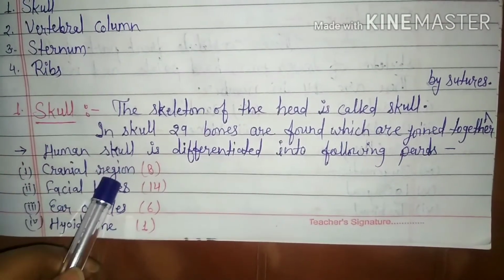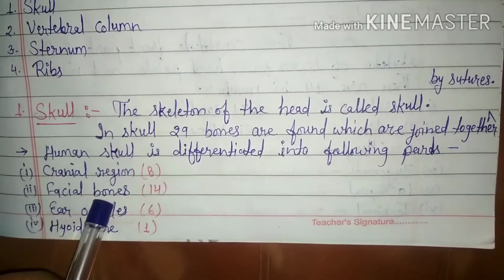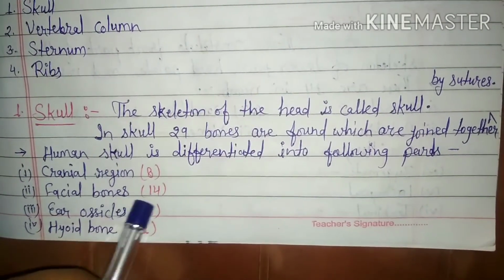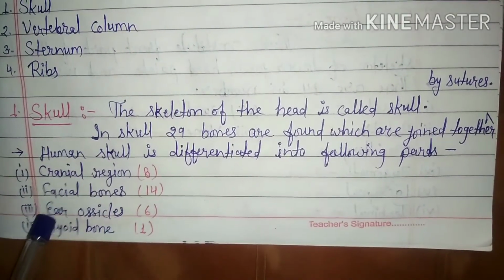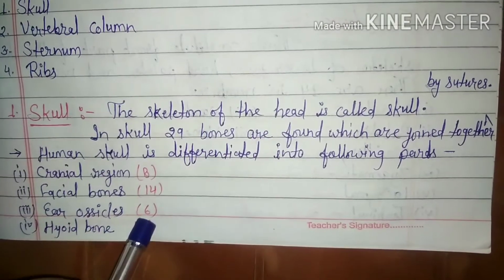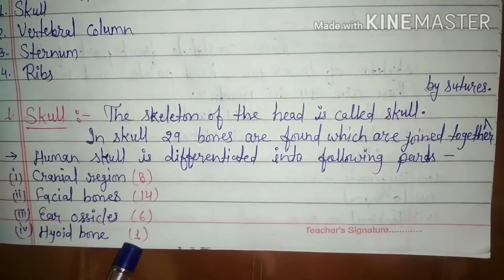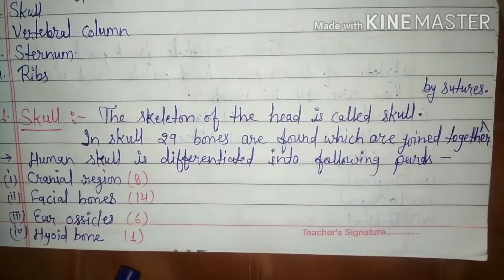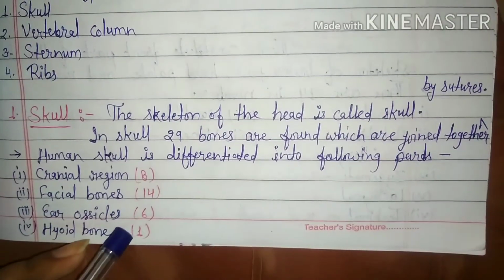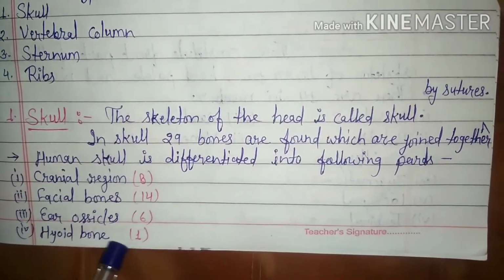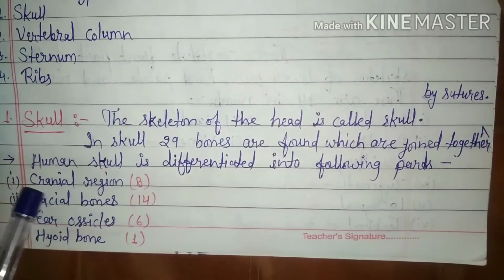First, the cranial region, which consists of 8 bones. Second, facial bones, which consist of 14 bones. Third, ear ossicles or ear bones, which consist of 6 bones. And last, the hyoid bone, which is single in number. So, 8 plus 14 plus 6 plus 1, a total of 29 bones are found in the skull.